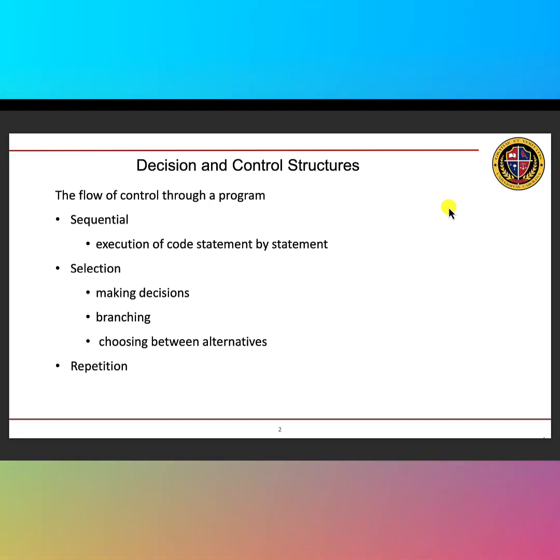Or we could have a repetition of the steps. We could repeat step 1 to 4, go to step 6, and then repeat 1 to 4 again. So these are the three main flows of logic or flow of control through a program. Now we're going to use these three types to help us write good programs in Python.